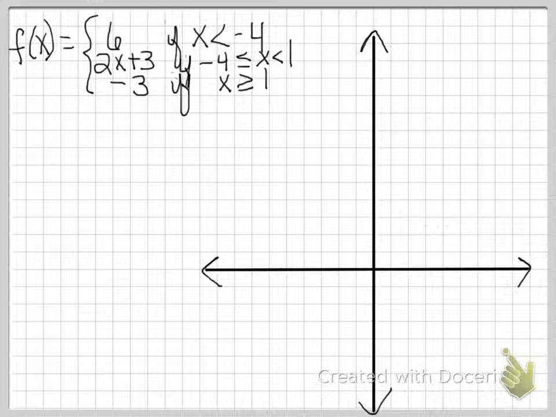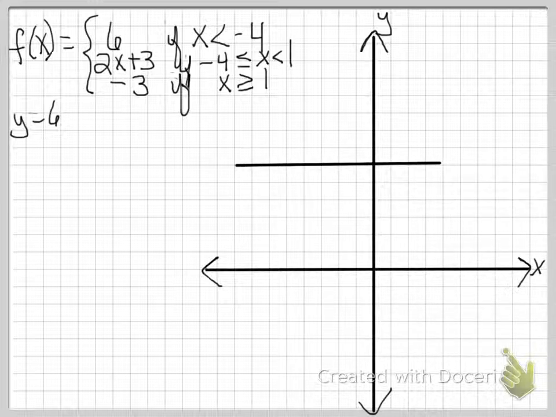Okay, this has three equations. f of x equals 6, that's the same thing as saying y equals 6, which is a horizontal line at 6. Now the restriction is x is less than -4.